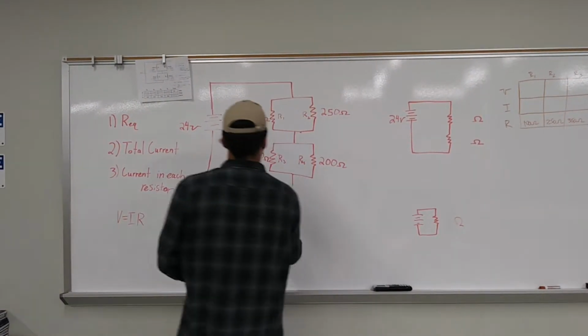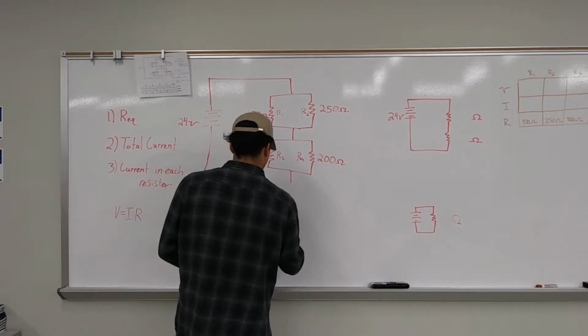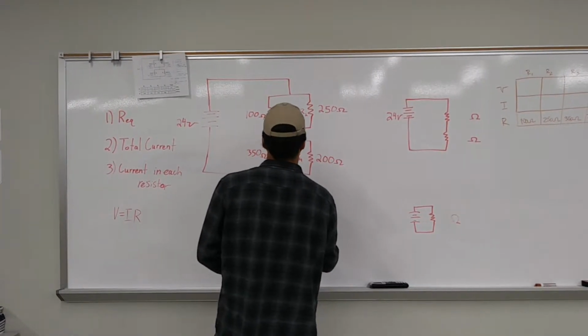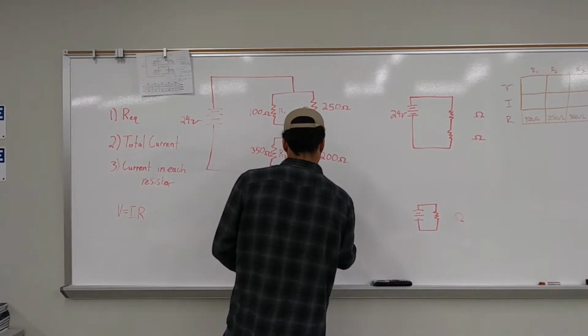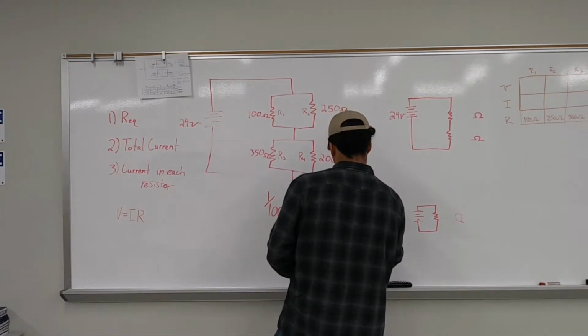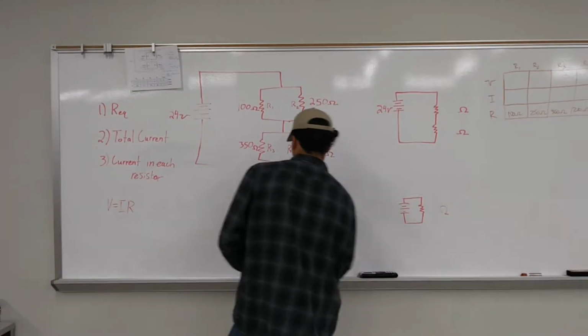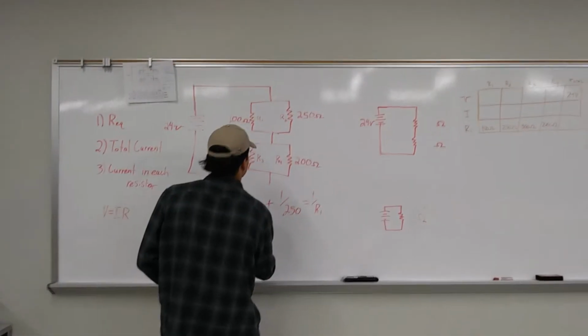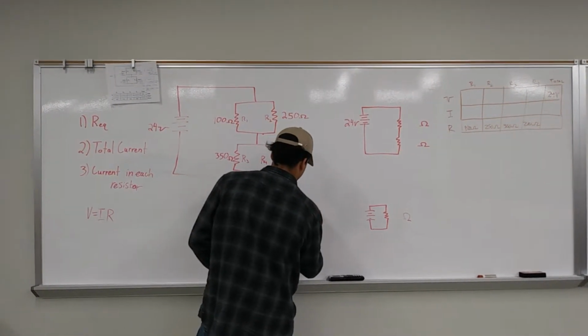So that's going to be 1 over 100 plus 1 over 250 equal... Let's call this one R1, and then we'll call the other one R2. Then we have R1, R2, RA, RB.